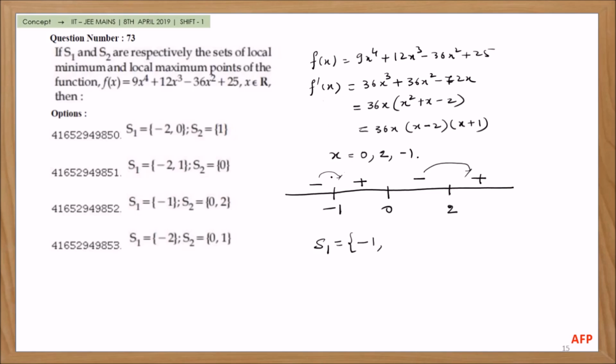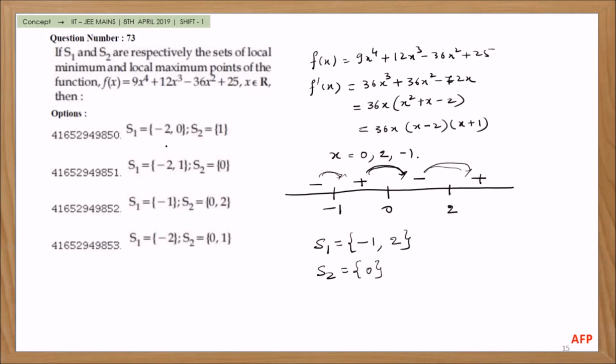So f dash of x changes from negative to positive at these 2 points. This is the set of local minimum. S2 is the local maximum. Maximum means positive to negative. Here only 1 point is there, 0.